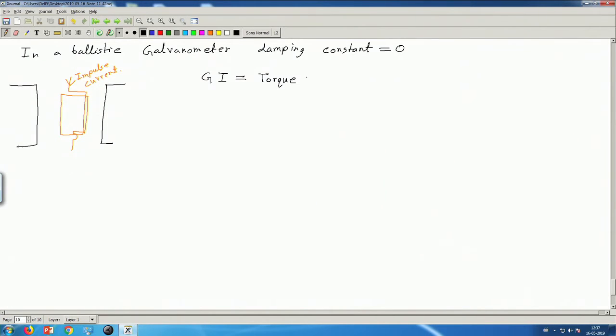And therefore, this should be equal to the moment of inertia multiplied by the angular acceleration.